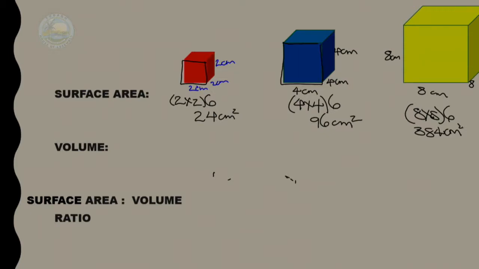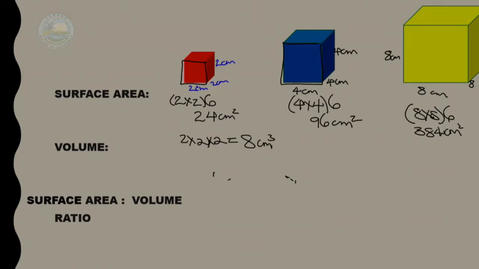Now let us look at the volume. The volume is the amount of space taken up within the object. So the volume of a cube is length by height by width. So in this case, it's 2 by 2 by 2, which will give us 8 centimeters cubed.